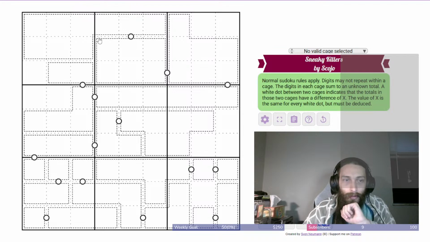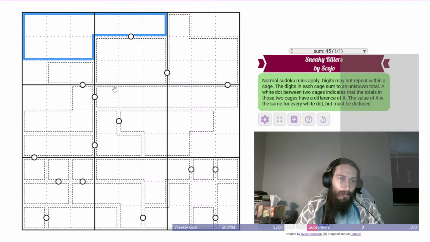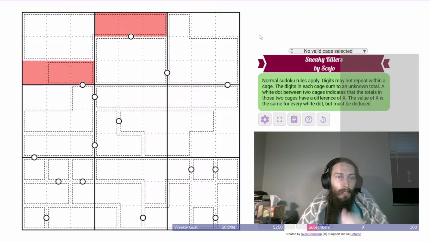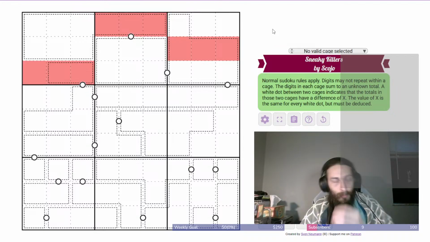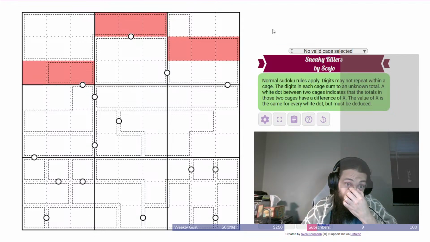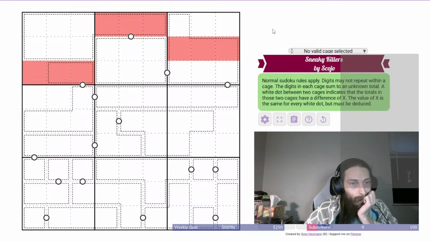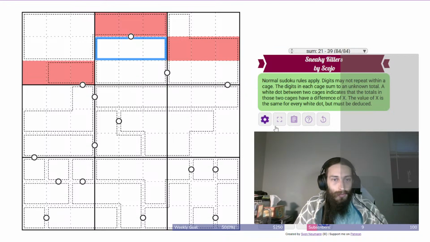Digits may not repeat within a cage. Well, that means this is automatically 45. And I guess maybe what I should do is mark those in red, because these 3 digits are those 3 digits. Well, you can stripe the whole top row. That's true.